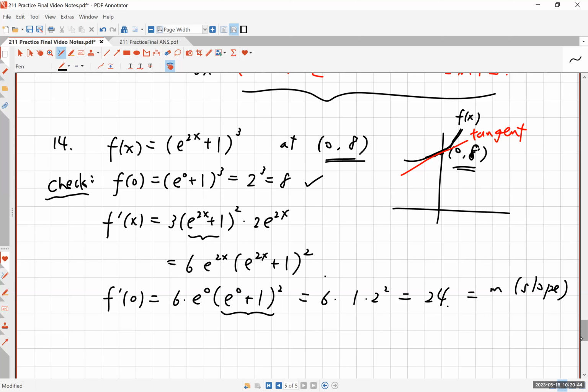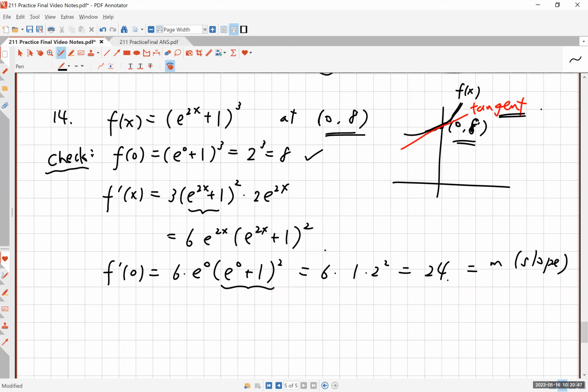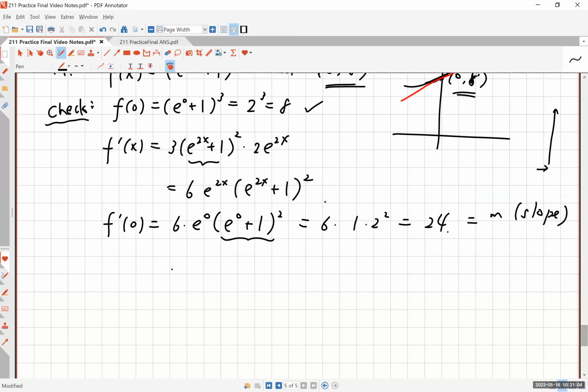Okay, so my graph was, yeah, sure, the tangent line has a positive slope, but it turns out to be much, much steeper, right? The slope is much greater than what appears on this graph. It's 24. So once you go 1 unit to the right, the graph will go up 24 units. Okay, so how do you write the equation of the line through the point (0, 8) with a slope of 24? It's y minus the y coordinate of the point equal to slope times x minus the x value of the point, right?